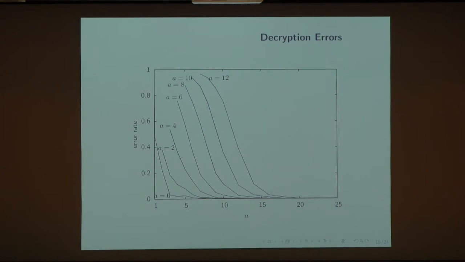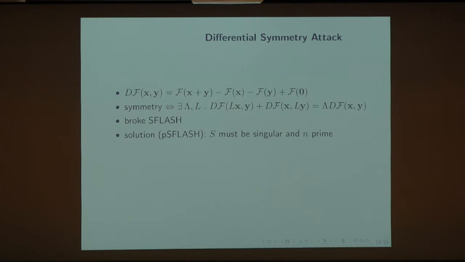Of course, removing information may lead to decryption errors, but thankfully, these decryption errors drop way before n becomes relevant. So in practice, n will be 80, 100, 200 maybe, and a will still be the same, so we don't really have to think about decryption errors.